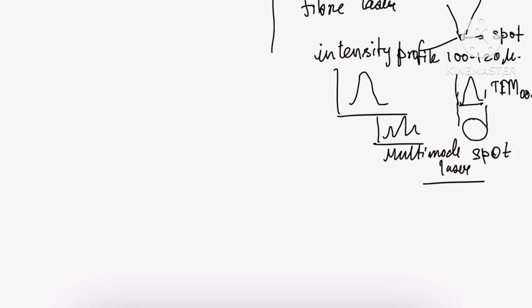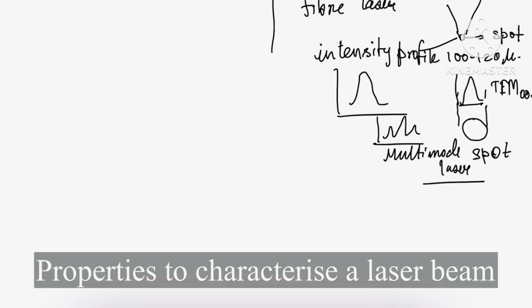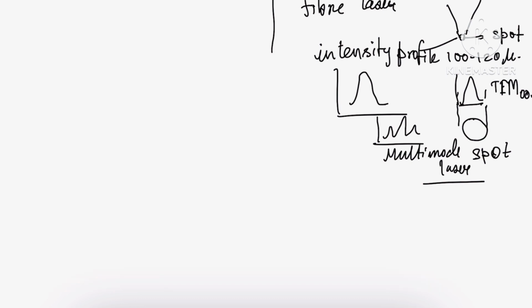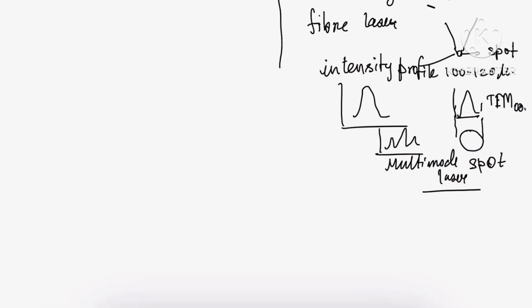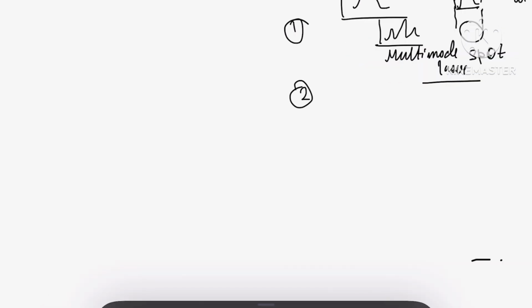So these are a few terminologies which we use to characterize a laser beam. I'll cover these topics in a separate video. For the time being, just remember, if the laser beam has only one peak in its intensity profile, then only we can get that micron level accuracy. There is also another thing, which is the powder particle size.